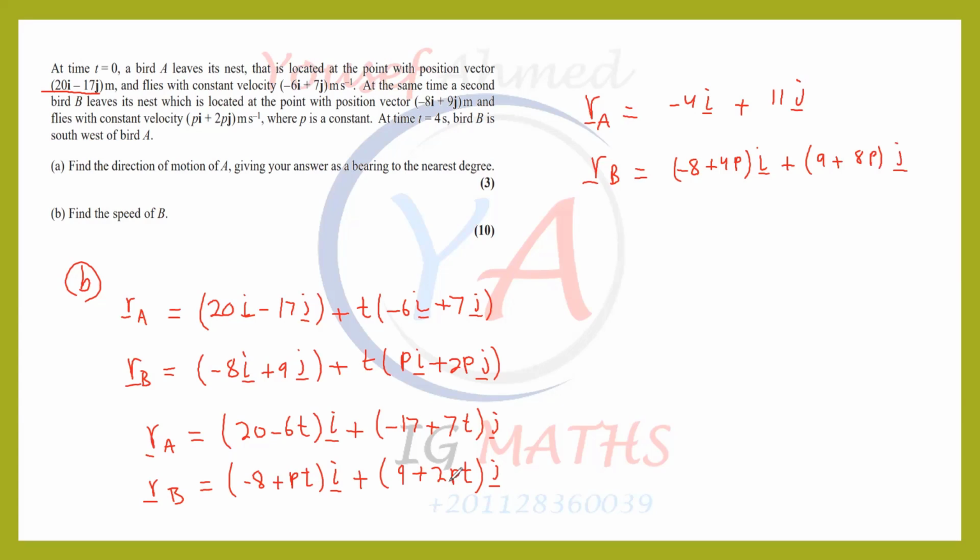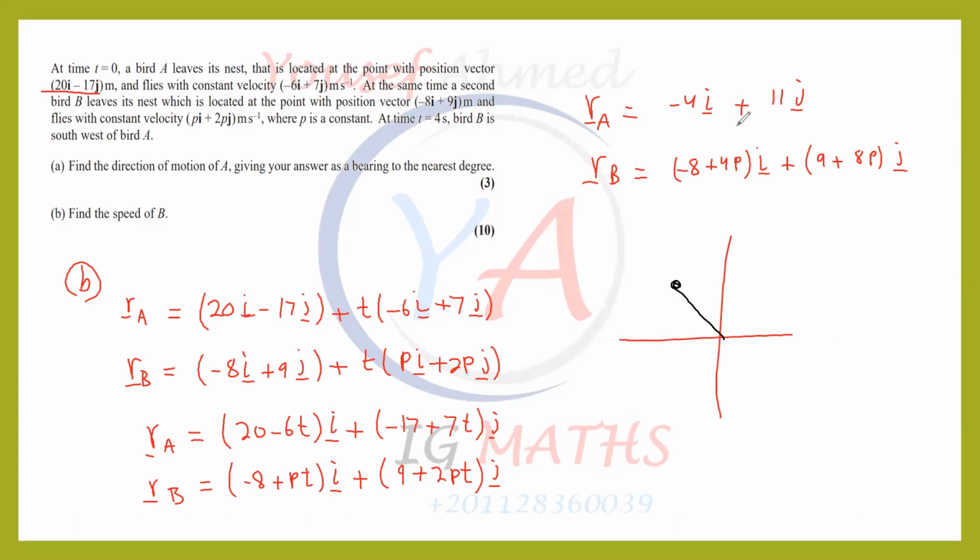You need to notice something. Now this is the position vector of A, which is negative 4 and 11.